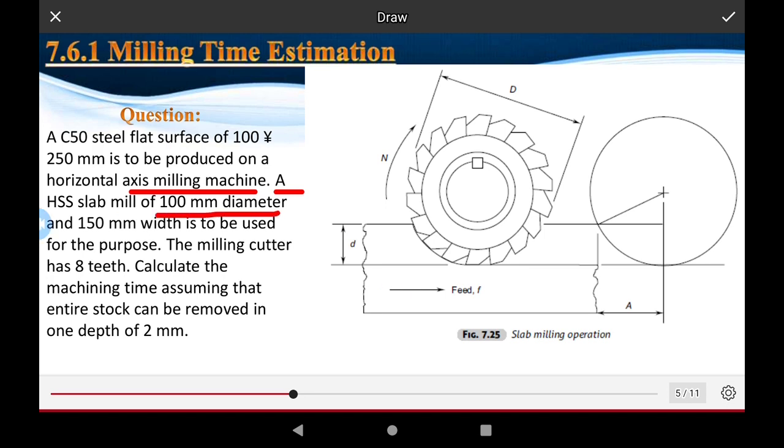Capital D, the cutter diameter, equals 100 mm.